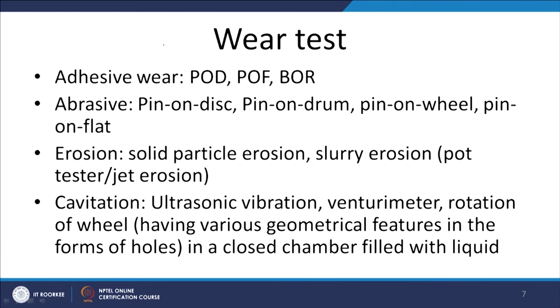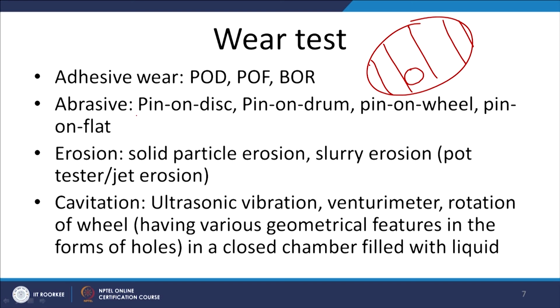Now likewise, instead of the metallic plate on the counter surface, we can fix the abrasive paper over the disc, and then we mount the wear specimen or the wear pin.